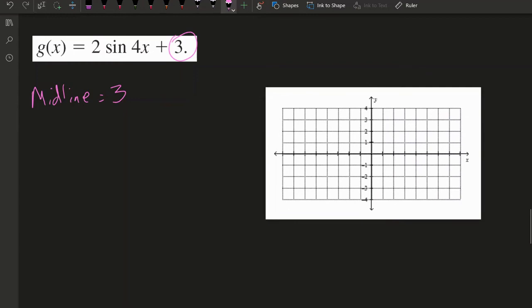In this case, my midline is going to be here at 3. The amplitude is going to be 2. So that means from 3, I'm going to go up 2 to get to my maximum, and then down 2 to get to my minimum.